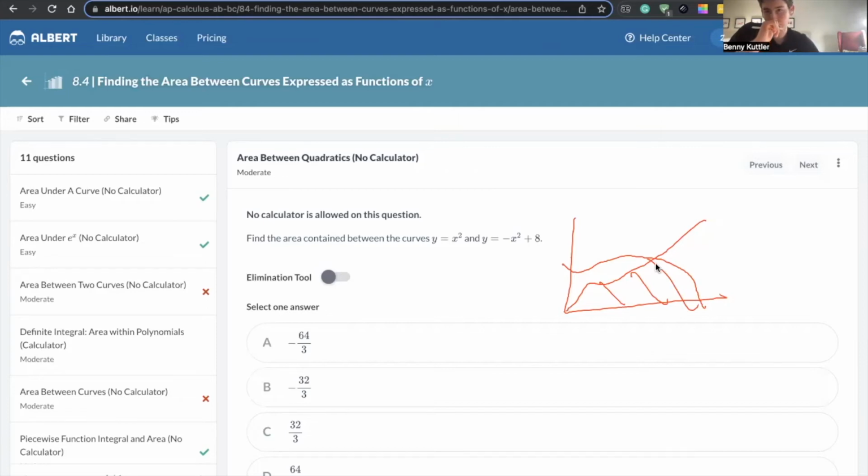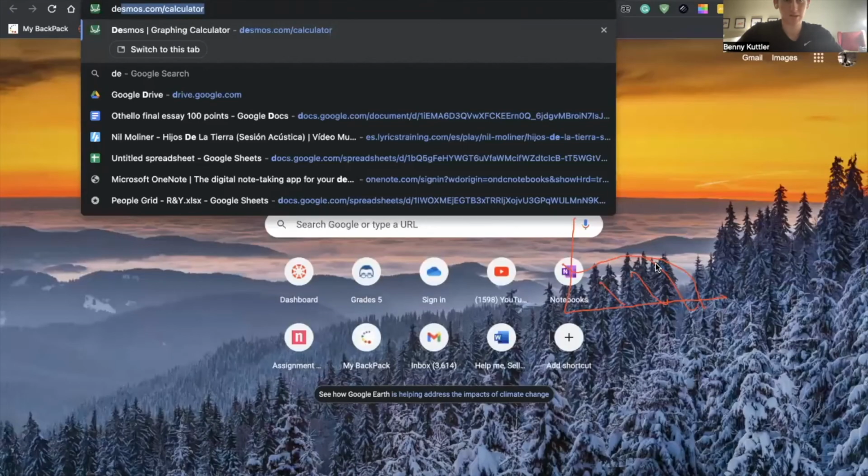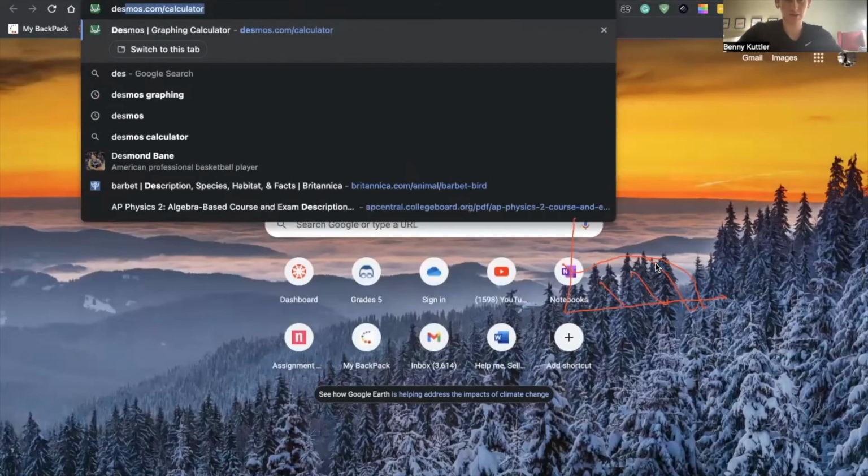Wait, hold on. Actually, let's just graph these in Desmos.